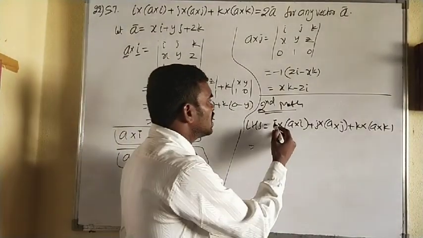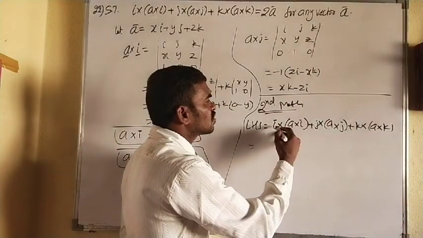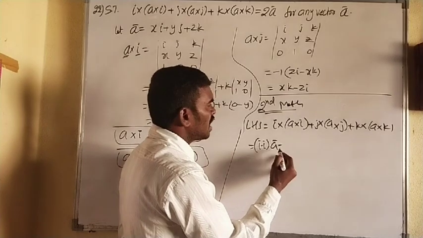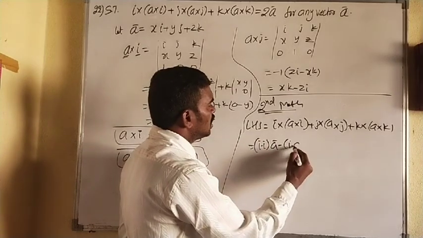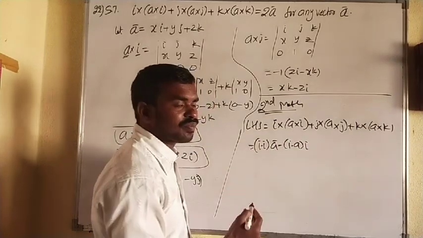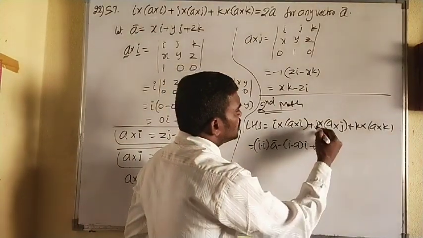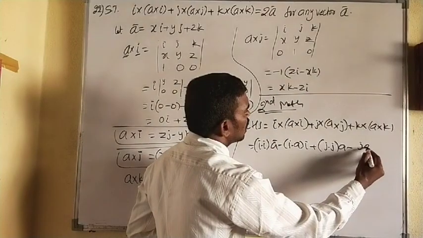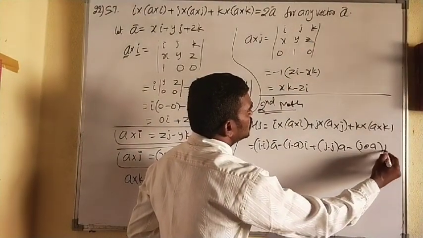That is, a cross b cross c is equal to a dot c into b minus a dot b into c, like I dot I into a minus I dot a into I, for this. Similarly, j dot j into a minus j dot a into j.